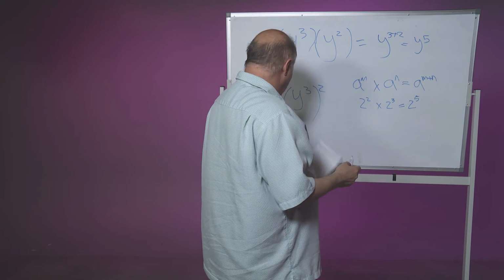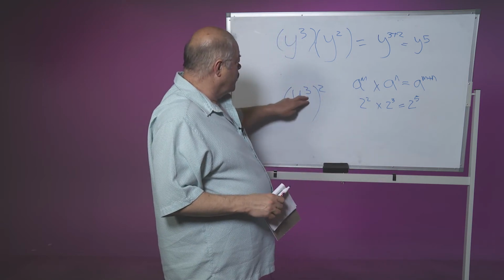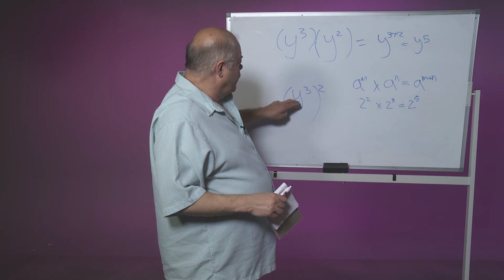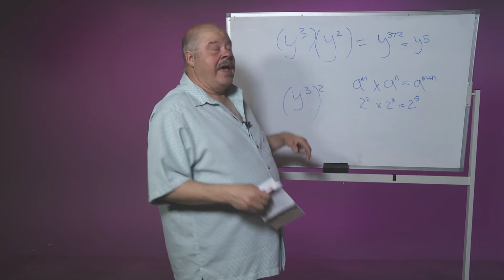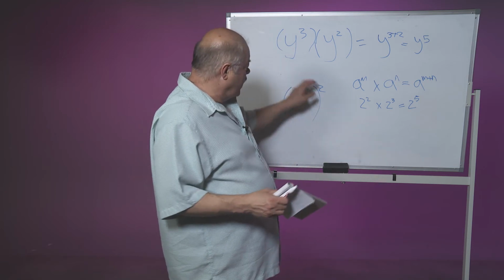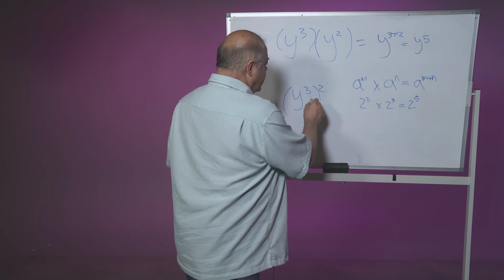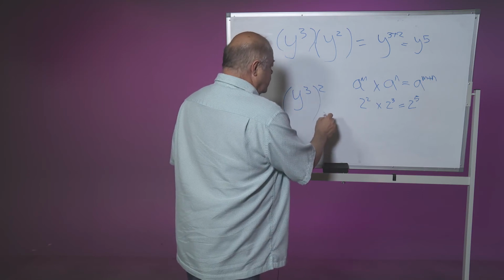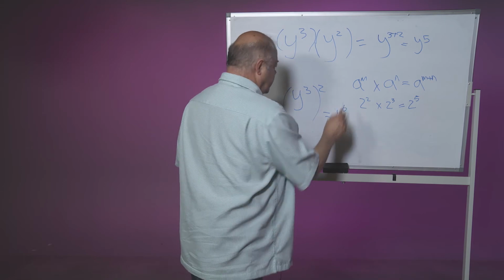Now, what about when you have a number raised to an exponent, and then that whole thing raised to an exponent? In this case, you multiply them. So this would be y to the 3 times 2, which is 6.